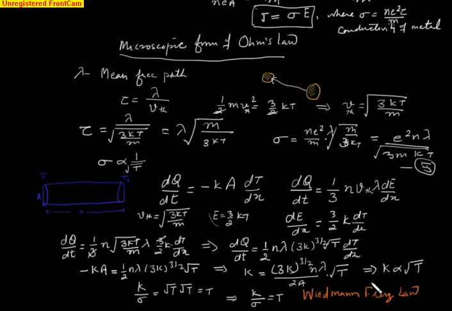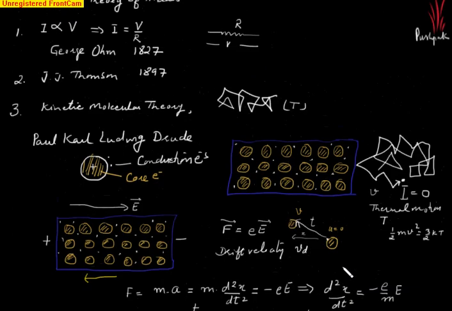This theory helps us to explain that thermal conductivity is directly proportional to the square root of temperature. And finally, it has successfully verified the Wiedemann-Franz law. So that's all about the Drude theory.